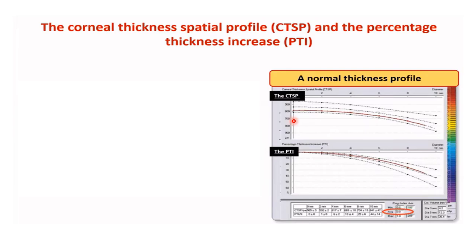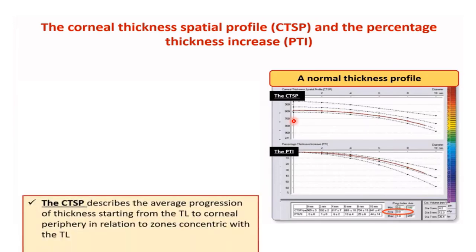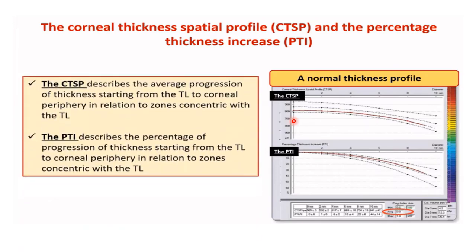Now, what's important for us is the progression of the thickness of the cornea within the first 6 millimeter zone. So we have two graphs. We can study the spatial profile by presenting two graphs. That's the CTSP graph, the corneal thickness spatial profile, as well as the percentage thickness increase.